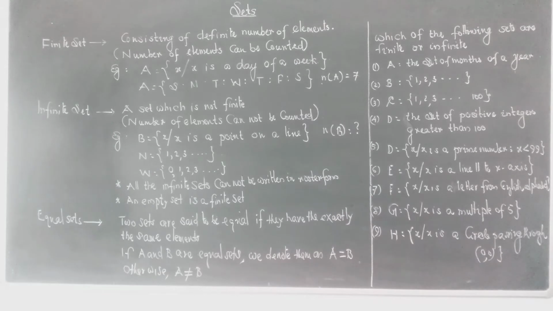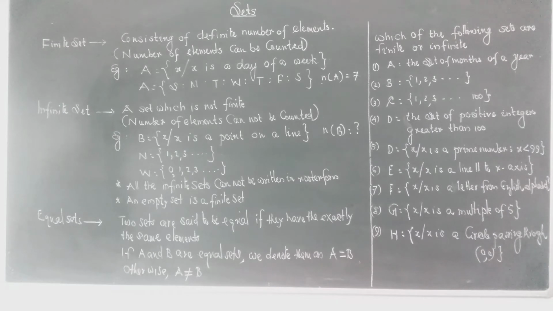Another one, set of natural numbers. You write in the roster form, N is equal to {1, 2, 3, 4, 5. After writing down a few elements, we are not able to write all of them. There is only one way. We are going to put a few dots, some 2 or 3 dots.